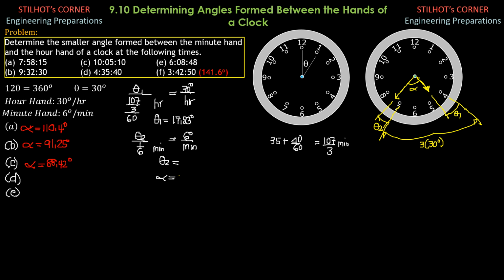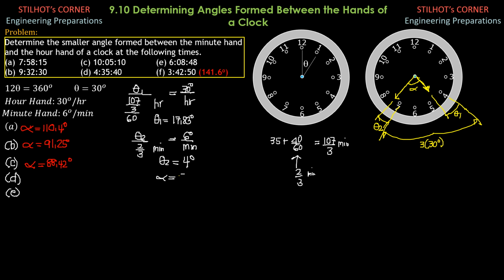Then theta 2, because the time is 4:35:40, this is already 35. 40 seconds is 2/3 of a minute. Therefore, theta 2 as to 2/3 minute equals 6 degrees per minute for the minute hand. 2/3 of 6 is 4 degrees.